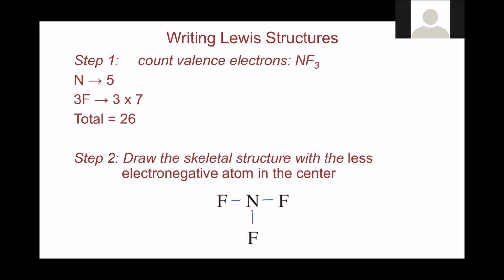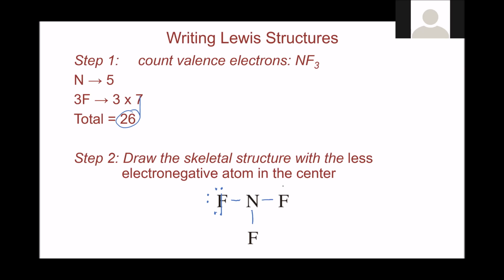To make these 3 single bonds, you already consumed 6 valence electrons. So you're left with 20. You had a total of 26, used 6 of them to form the single bonds, you're left with 20. You start distributing the 20 electrons on the outer fluorine atoms first to satisfy the octet rule. 2, 4, 6, and it already had 2 from the single bond, so that's a total of 8.